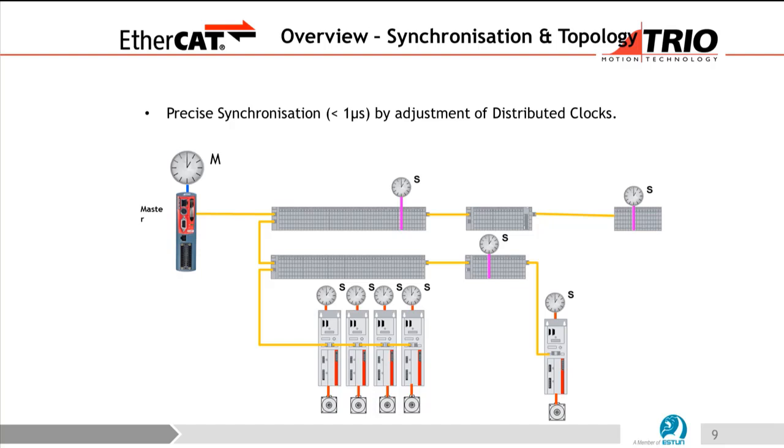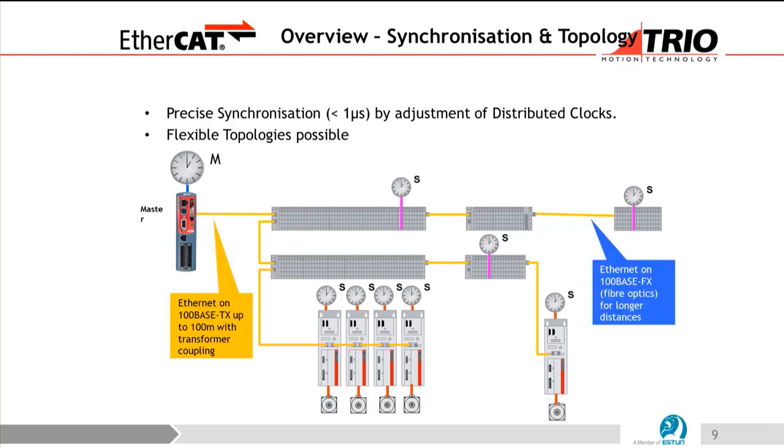Then it sends through all the slaves, so it knows the position of each slave by the position of the cables. When the data is sent over, the delay is always fixed. So the slave knows, I'm in position 1, I'm in position 2, so this is the time I should receive the telegram and this is the time I should send it back. That is the precise synchronization, and the term we use is distributed clocks.